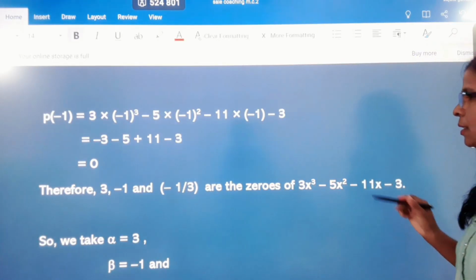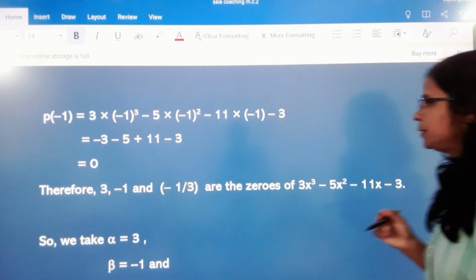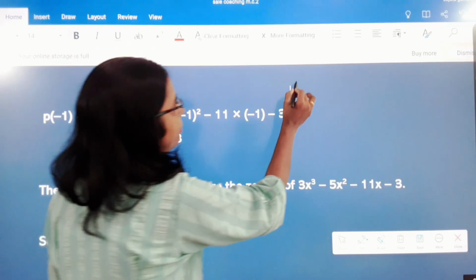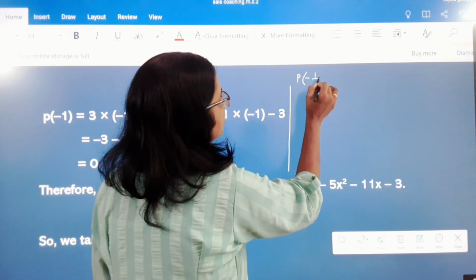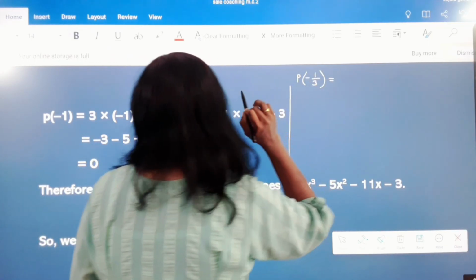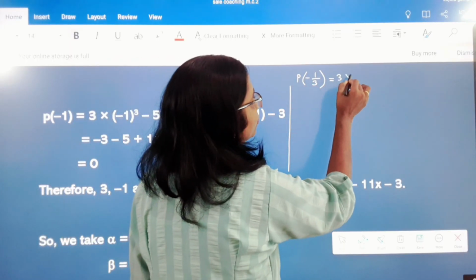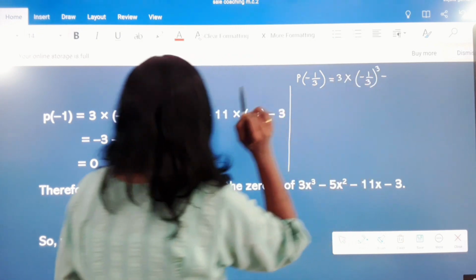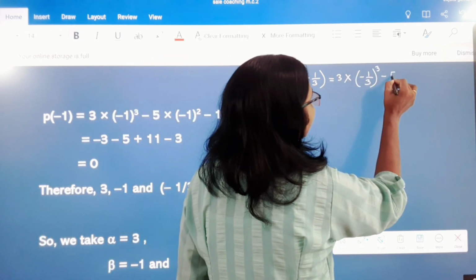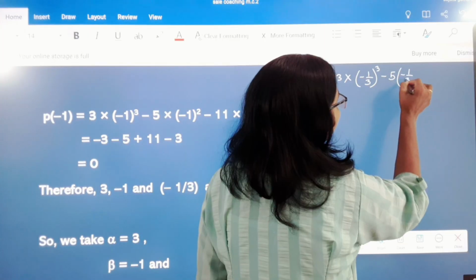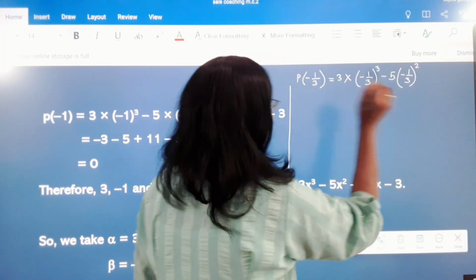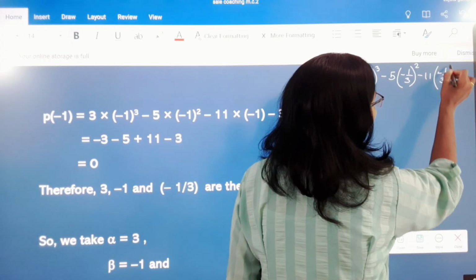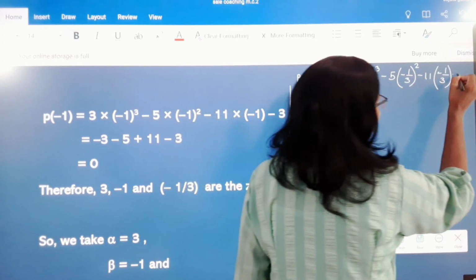So here we calculate p of minus 1 upon 3, which is equal to 3 into minus 1 upon 3 cube, minus 5 into minus 1 upon 3 square, minus 11 into minus 1 upon 3 and then minus 3.